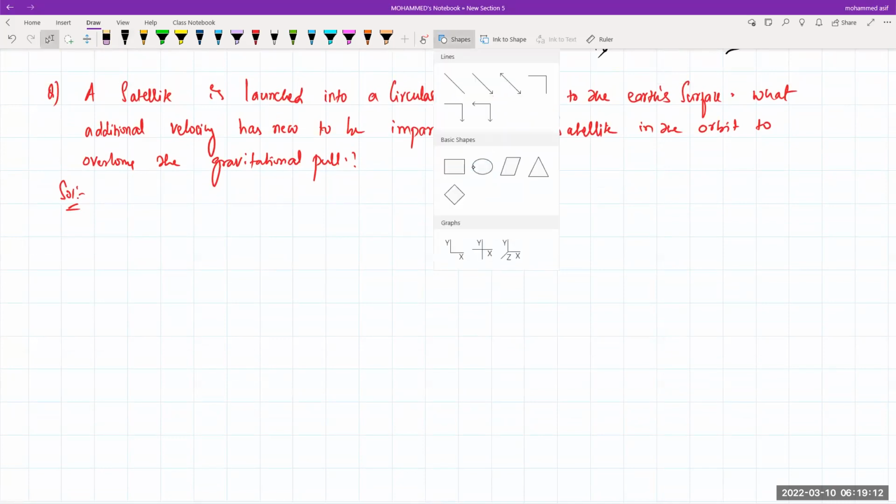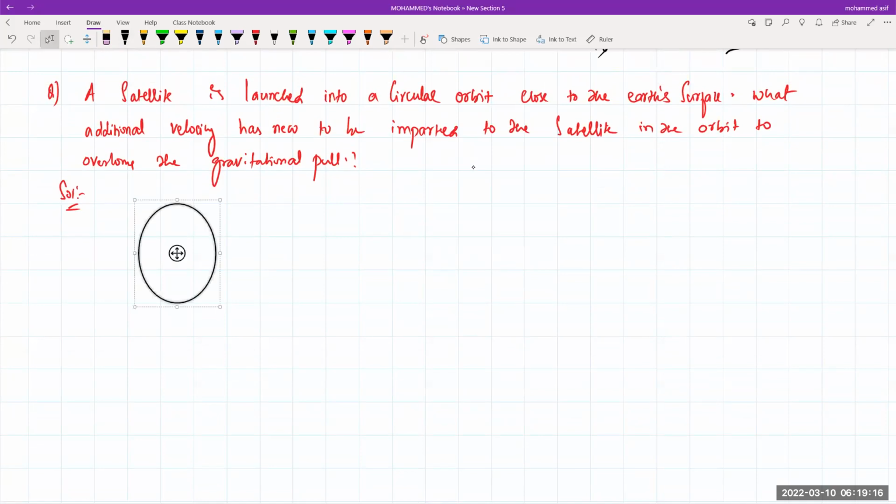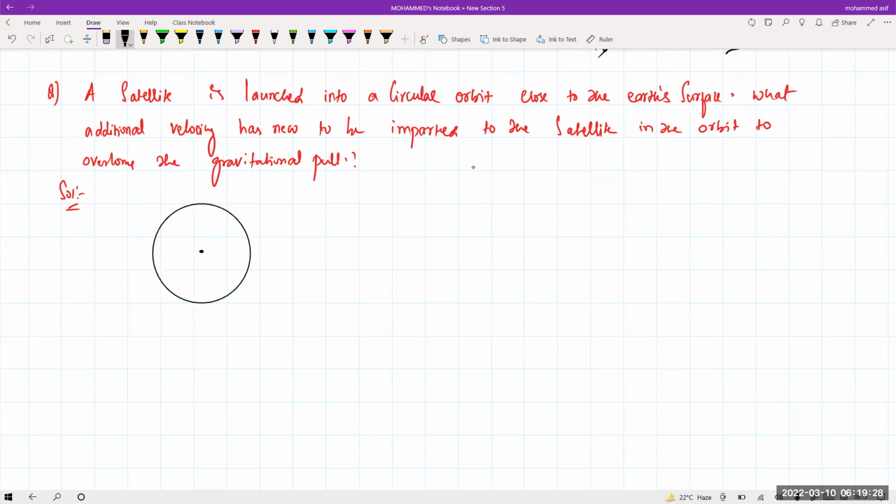So let us assume it is very close to the surface of the Earth. This is the radius of the Earth, and here, very close to the surface of the Earth, the satellite has been revolving. Okay, and it is moving with what velocity, beta? v naught.